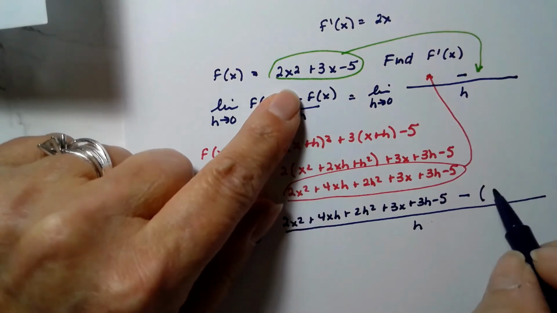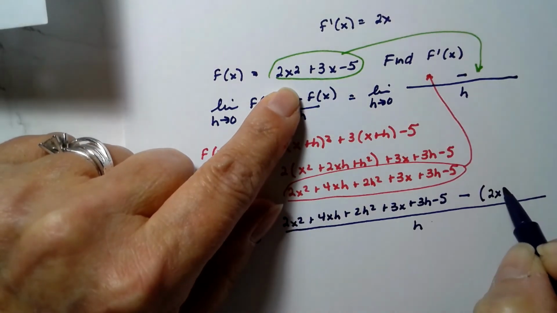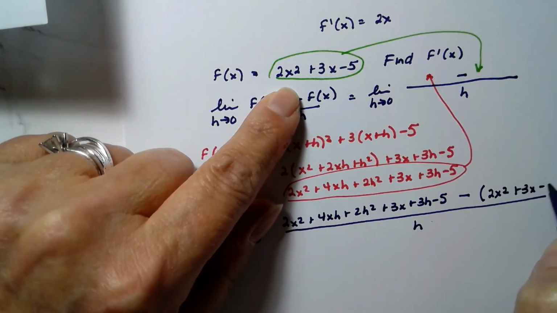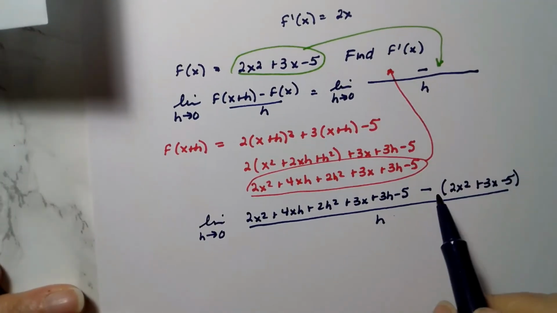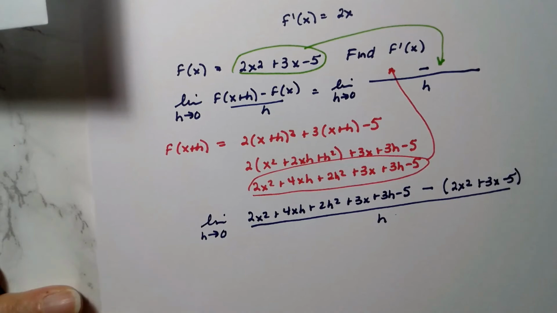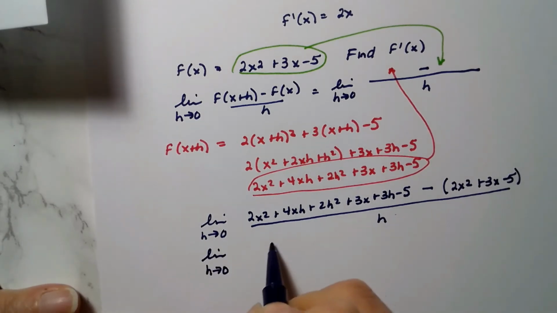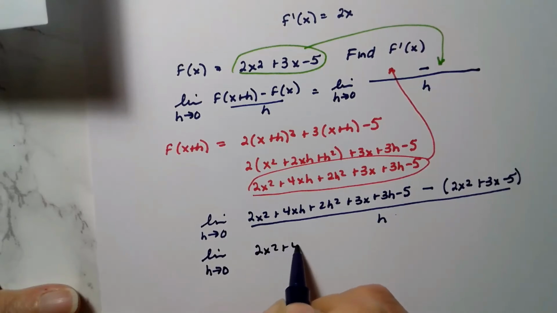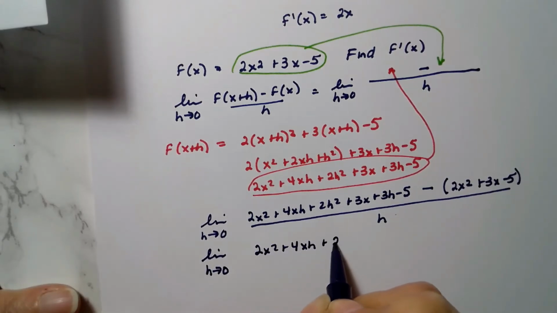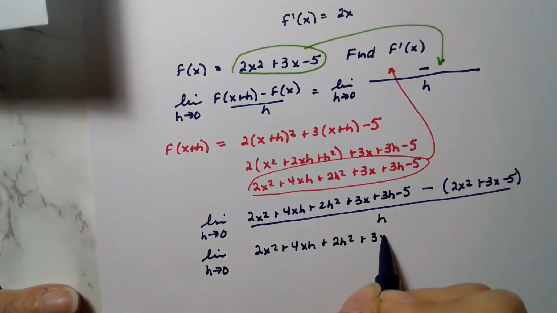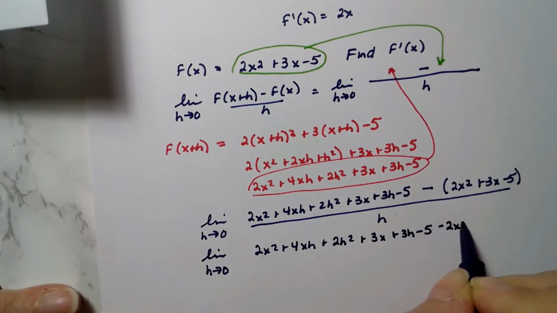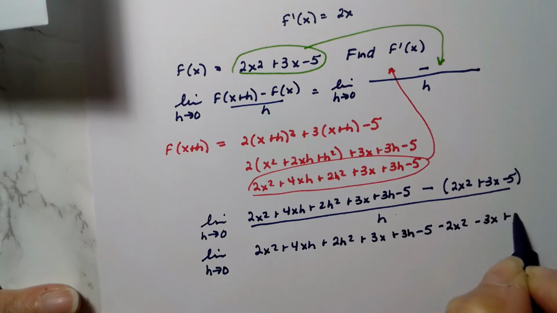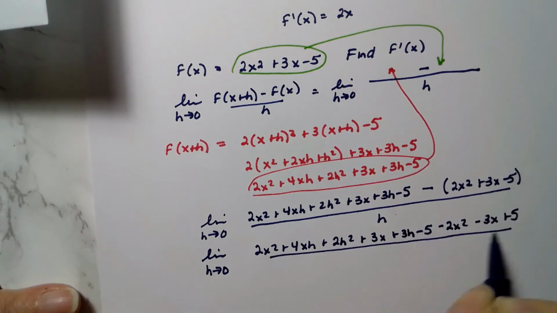So the function itself, f of x, was 2x squared plus 3x minus 5. And now I have to make sure I don't forget to distribute this sign to every term here. So we have the limit as h approaches 0 of 2x squared plus 4xh plus 2h squared plus 3x plus 3h minus 5 minus 2x squared minus 3x plus 5, all over h.